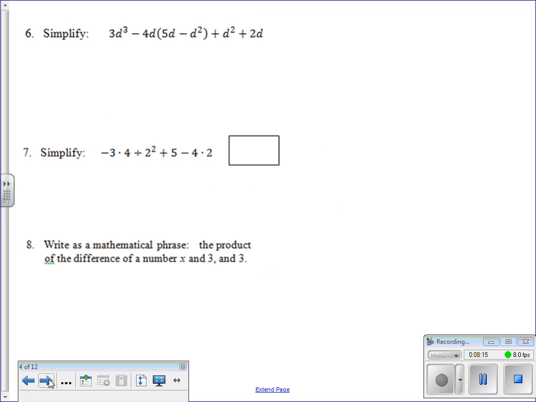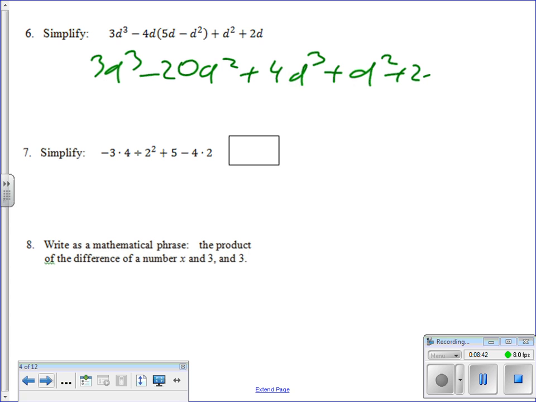Okay. Simplify. My first step, get rid of the parentheses, distribute the negative 4d. 3d cubed minus 4d times 5d, 20d squared. Negative 4d times negative d squared plus 4d cubed plus d squared plus 2d.